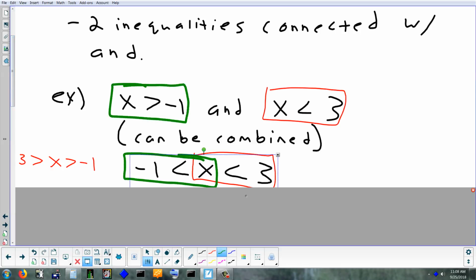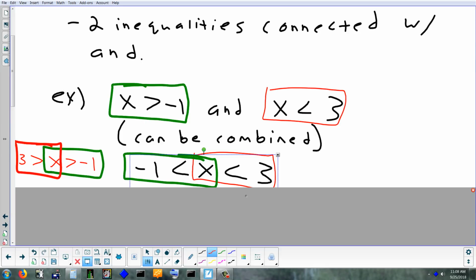Same thing. You can do the same thing right here. X is greater than -1, that's the green part. And then x is less than 3, there's the red part.